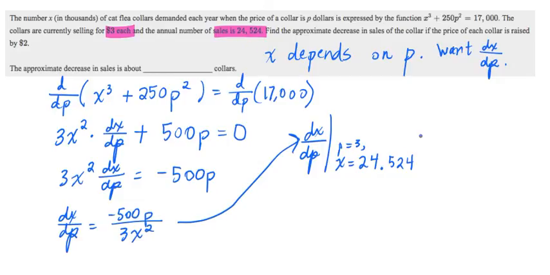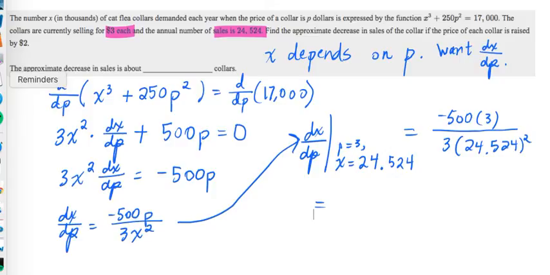Plugging those numbers in, we get negative 500 times 3 over 3 times X squared, so 24.524 squared. Let's see what we get for that number. We'll need to use a calculator for that.